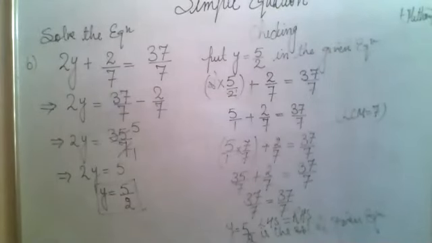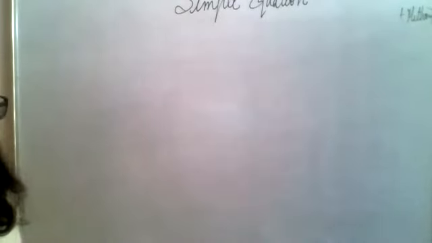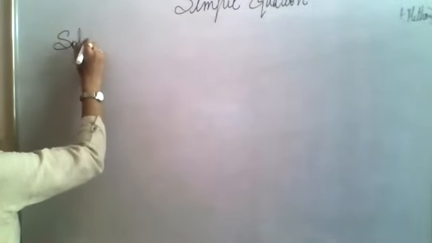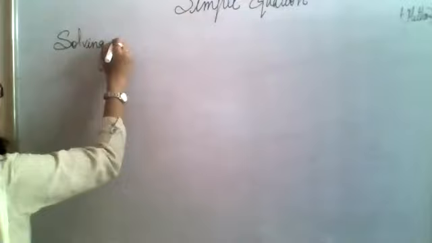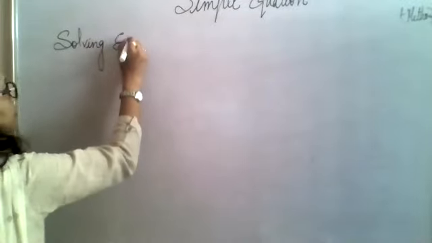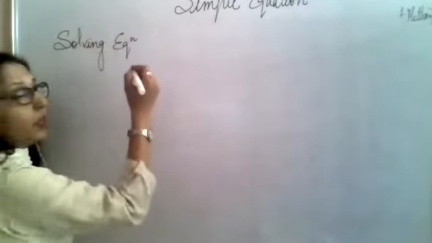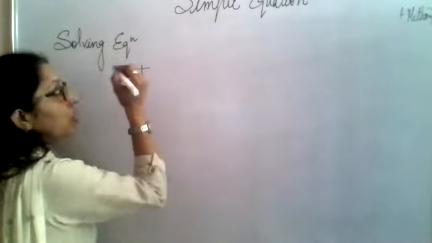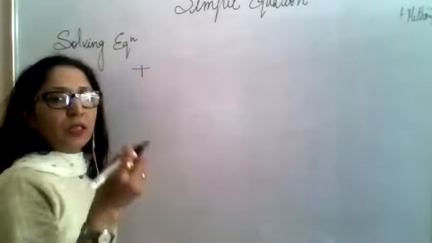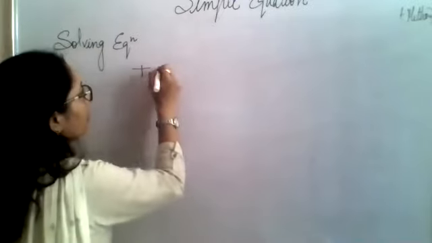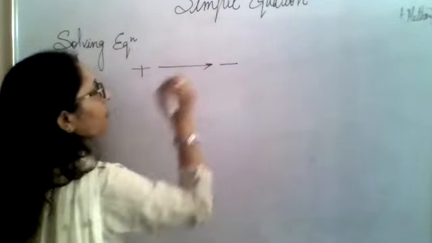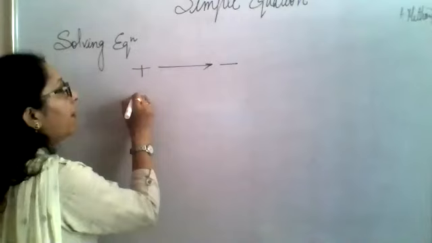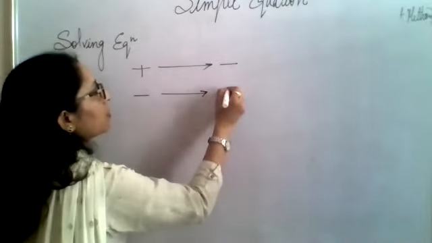I will tell you one important point which will help you to solve equations. If you are solving equation, you have to keep these points in your mind. If you are shifting any positive constant number, it will become minus. Minus becomes plus.